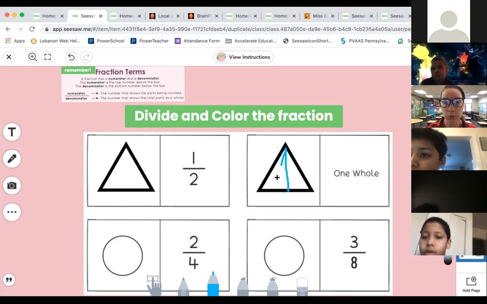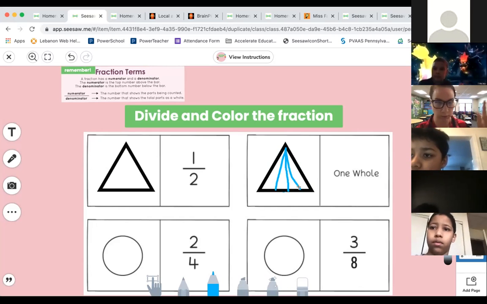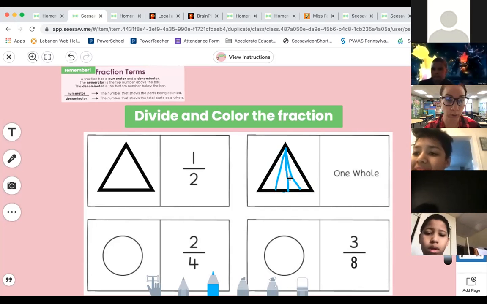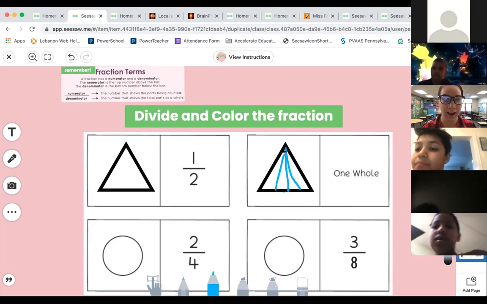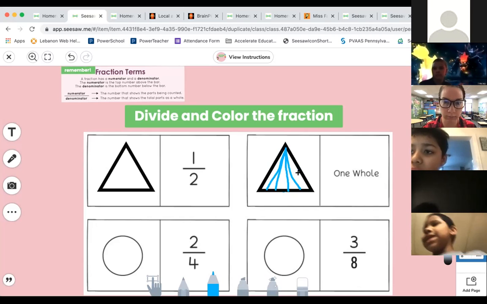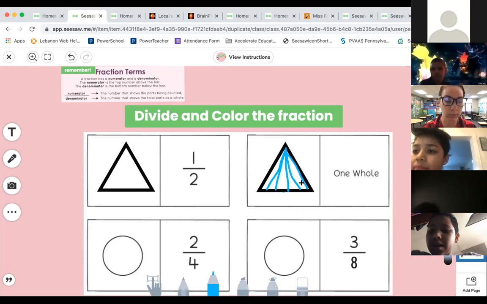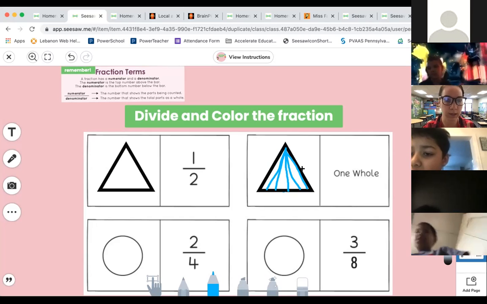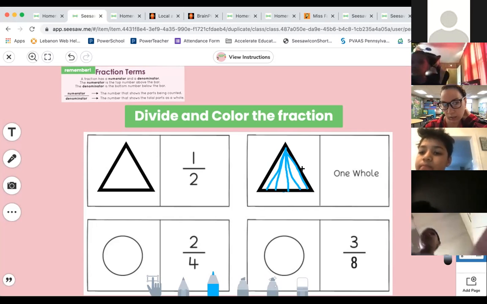If I made this into fourths, oops, again, bad drawing, my bad. I would just have to color all 4 parts to make one whole. I could make this into as many parts as I want. Granted, my drawings are terrible, but I would just need to make sure all of it is colored in order to be a whole. Does that make sense?